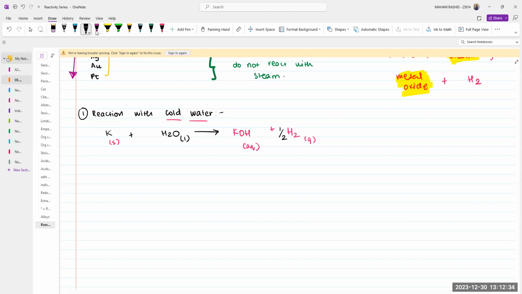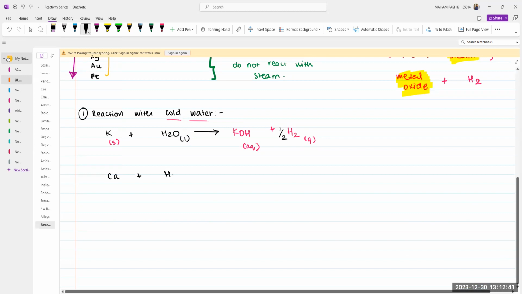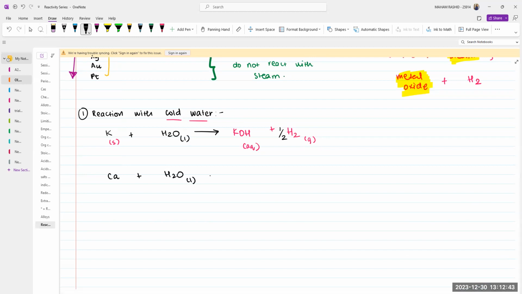Now we have calcium reacting with cold water. Calcium hydroxide and hydrogen. Exactly. This will be calcium hydroxide. And how did I make calcium hydroxide? Ca2+ plus OH minus. I cross multiplied them.